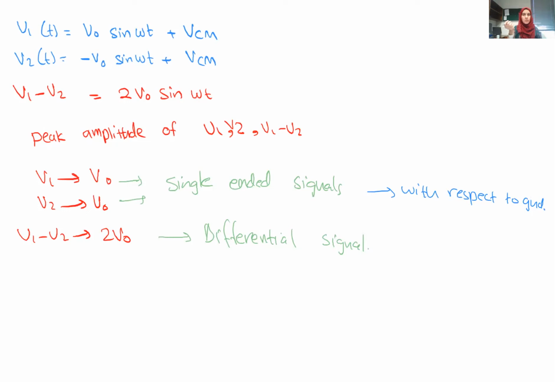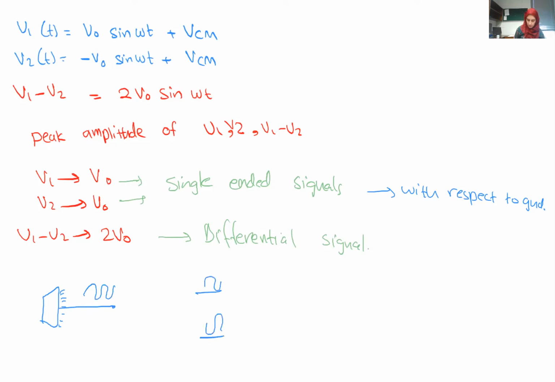Okay, so now how can we generate these differential signals? For example, if you have a microphone, and there is some output signal coming from it, which is just a single-ended signal, how can you transfer it into two differential signals?